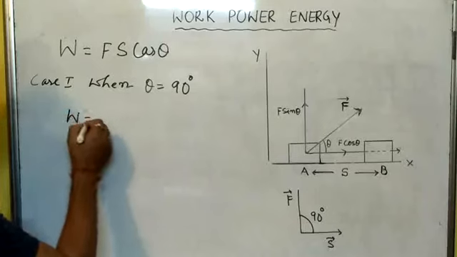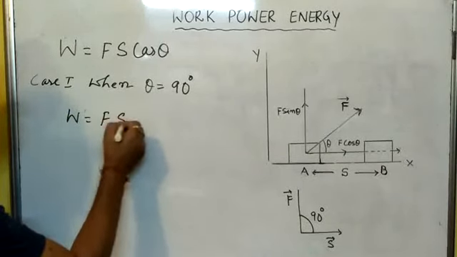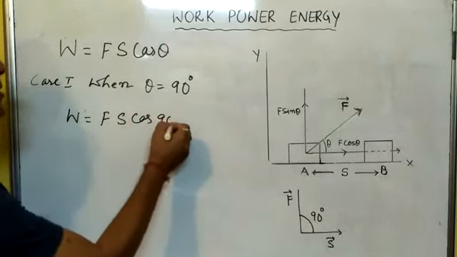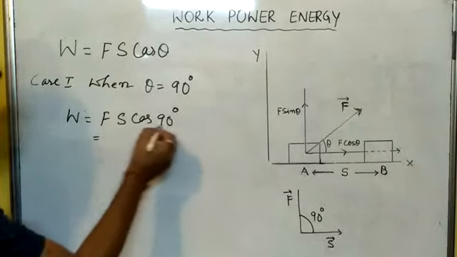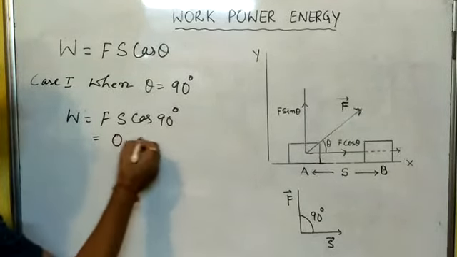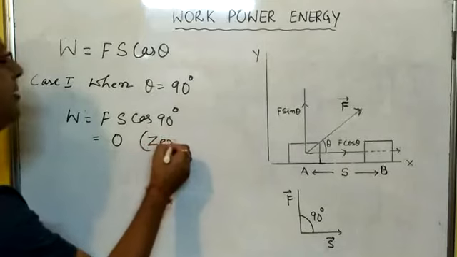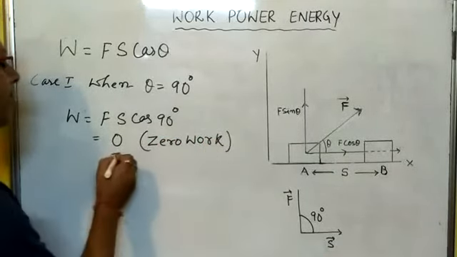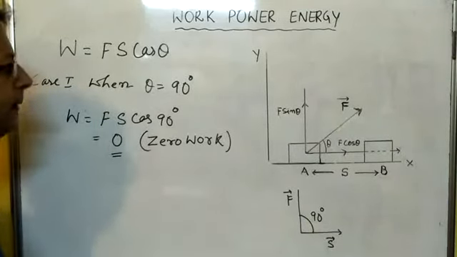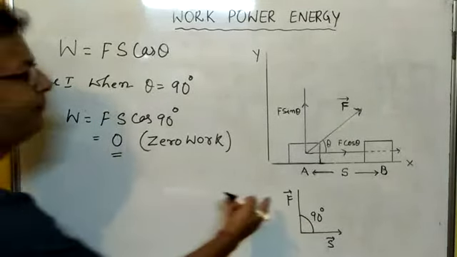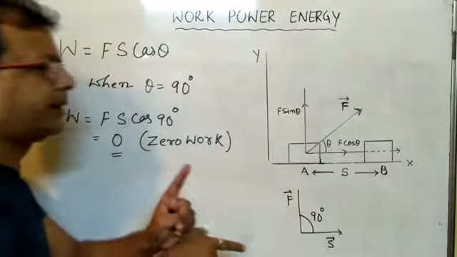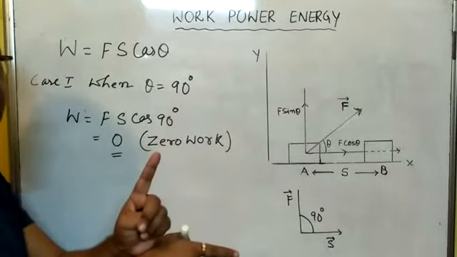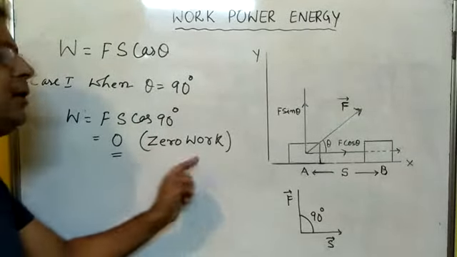Then W is equal to Fs cos 90 degrees, and cos 90 degrees is 0. It is called 0 work. Zero work happens when force and displacement are at an angle of 90 degrees.